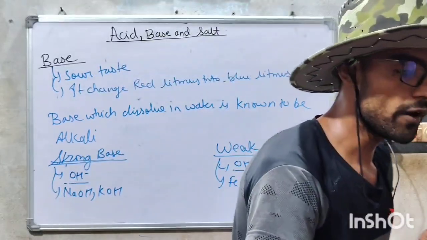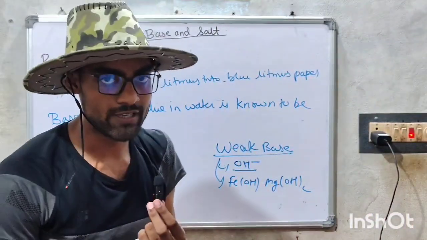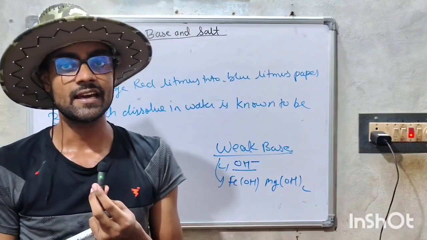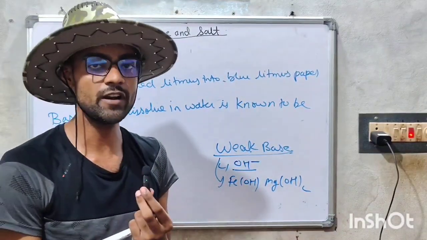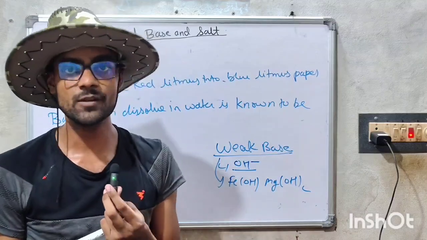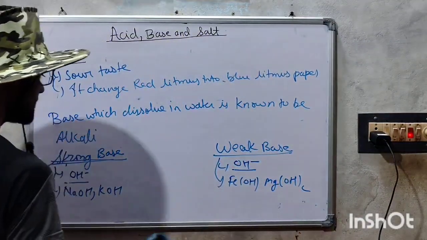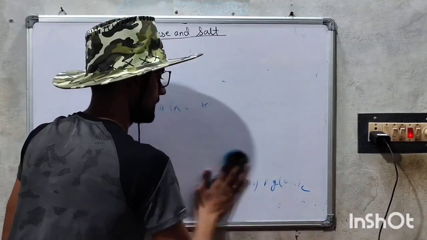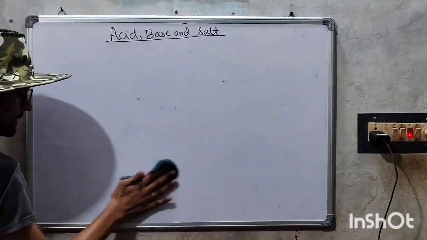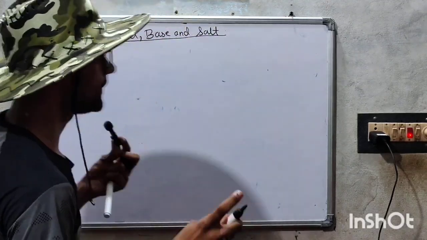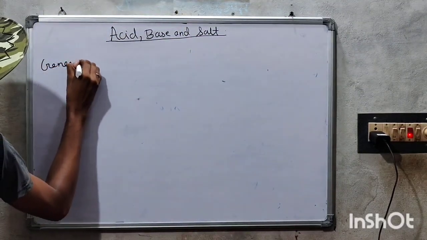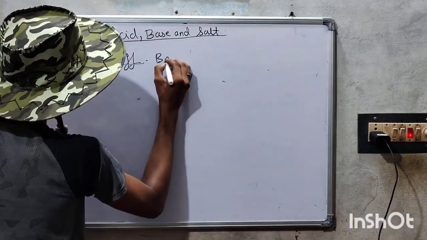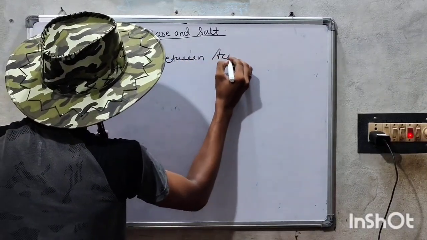In acid, one point we have left: a strong acid releases more hydrogen ions, and a weak acid releases fewer hydrogen ions. We have to remember this point which we left in the acid. Now I am going to write the general difference between acid and base.